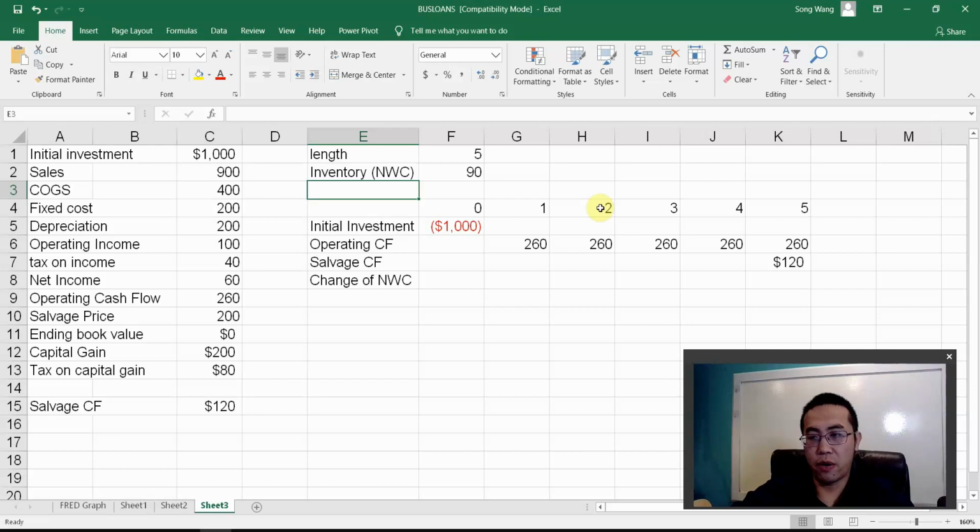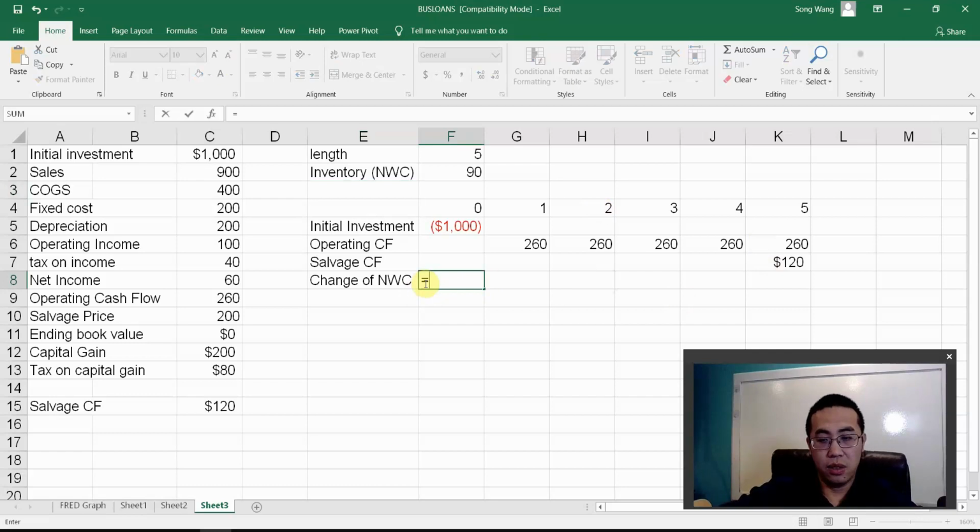Inventory is part of current assets and therefore part of the net working capital. If I start the business, my inventory goes from 0 to 90. So I need to build up that inventory, and I spend the money, which is negative 90.